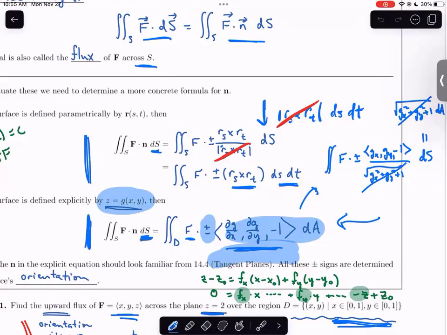One is if we have a z equals function, and one is if we have a parametrically defined function, in which case you can see that our dS gets evaluated differently in either one of these cases. So, in this case, let's go back to our problem and take a quick look.